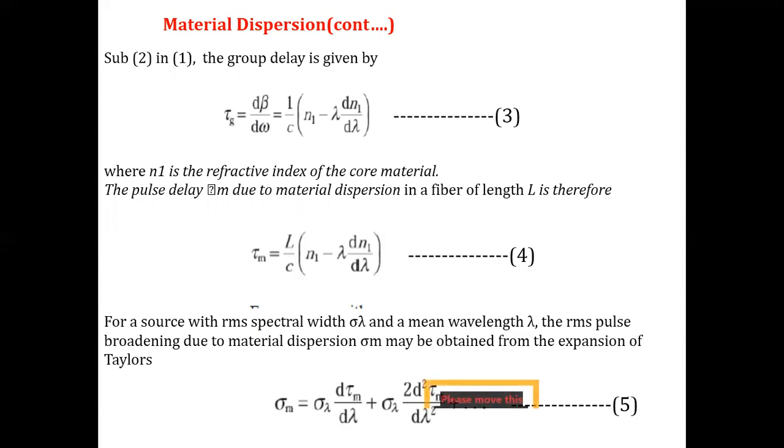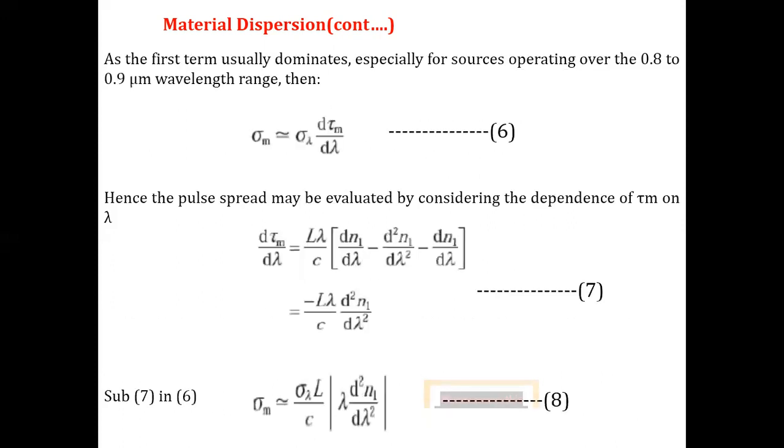The Taylor series expansion for this material dispersion sigma m is given as sigma m is equal to sigma lambda d tau m divided by d lambda plus sigma lambda squared into 2 d square tau m divided by d lambda square plus etc. Take this as equation number 5.